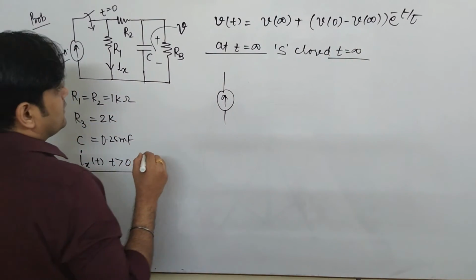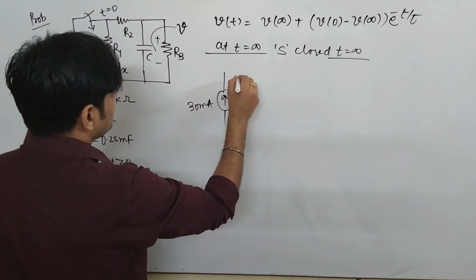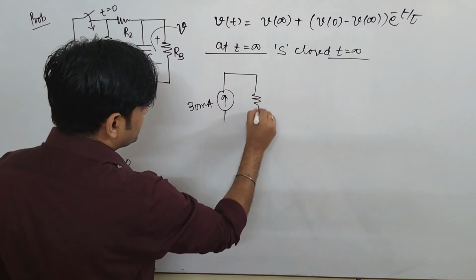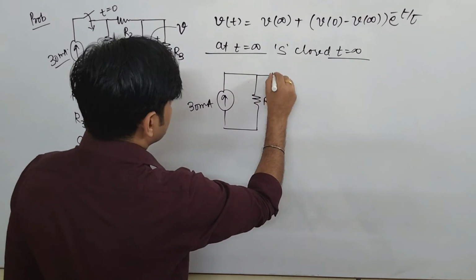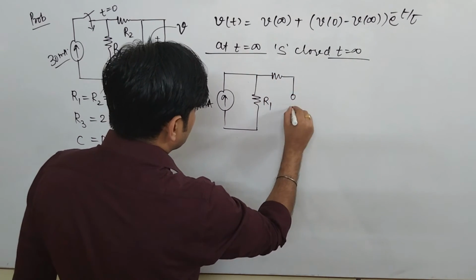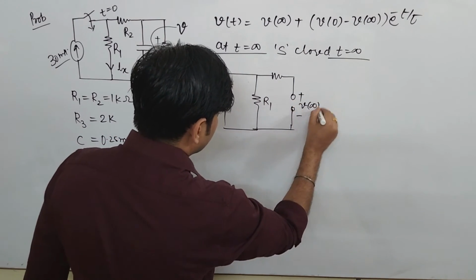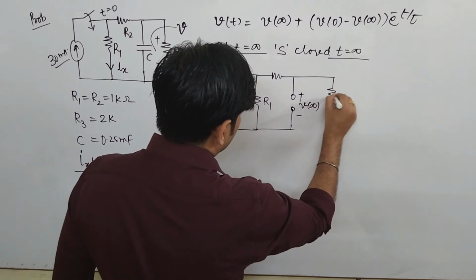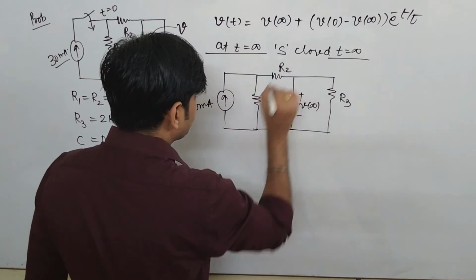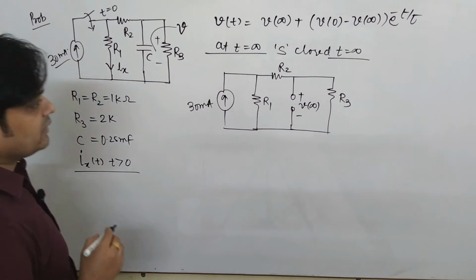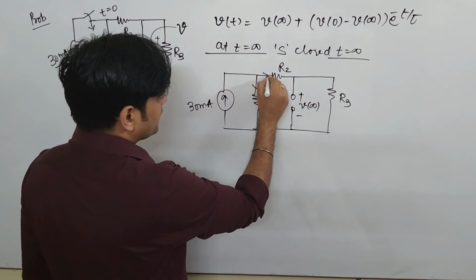This is your resistance R1, this is your resistance R2, and at t equal to infinite the voltage is V infinite, and this is your resistance R3. And this is your 30 milliampere source. So you can say that this 30 milliampere source will go here and here.